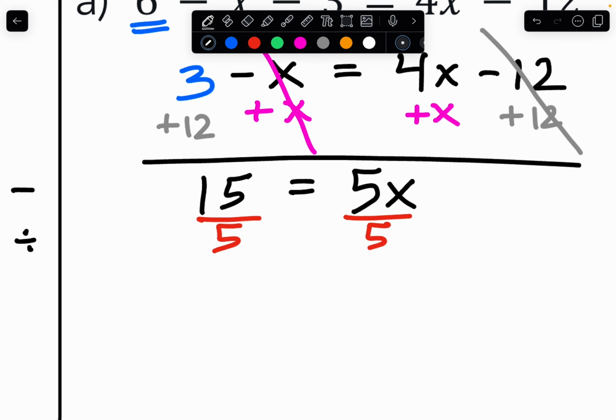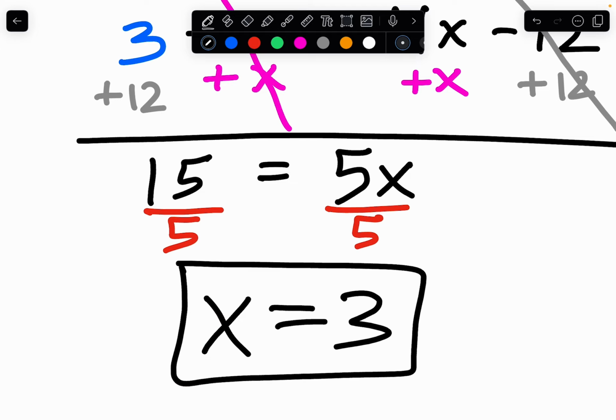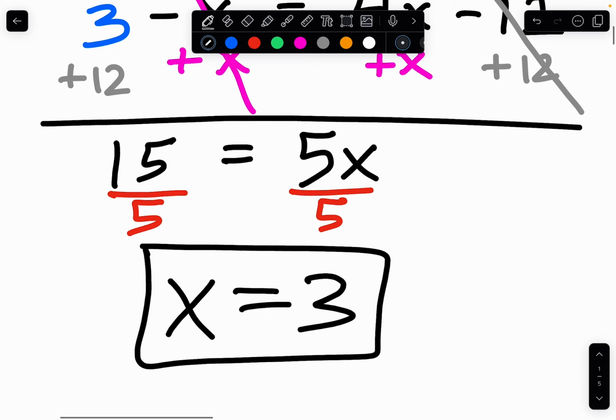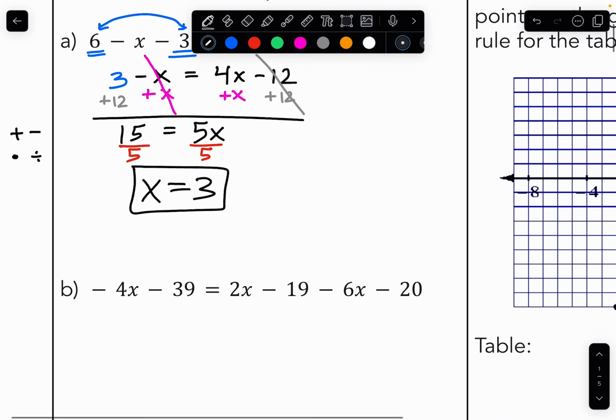If you ever had to find 5 times what is 15, instead of guessing 5 times 2, 5 times 3, 5 times 4, just divide by 5. 15 divided by 5 gives us the answer, and that is the correct answer for letter A.